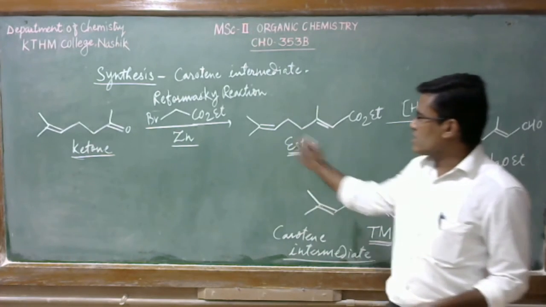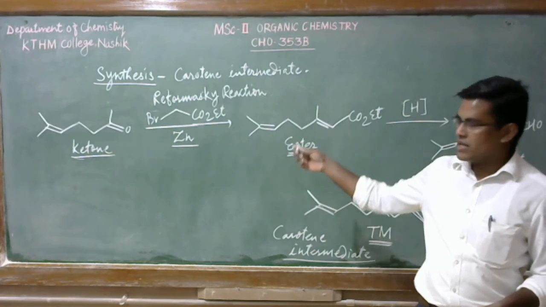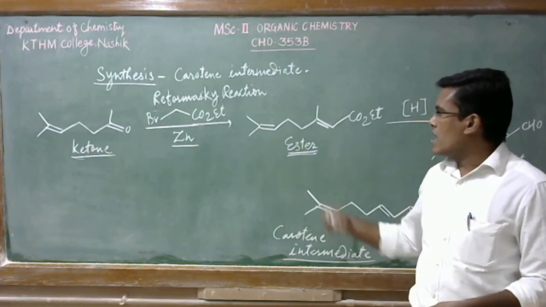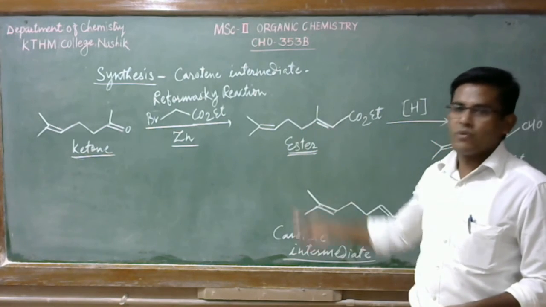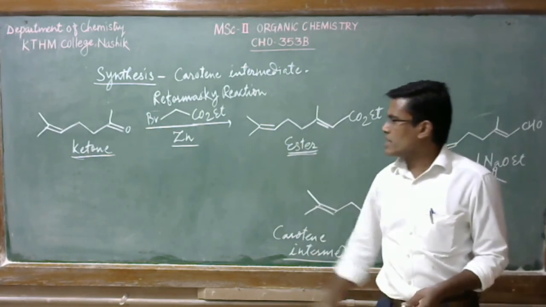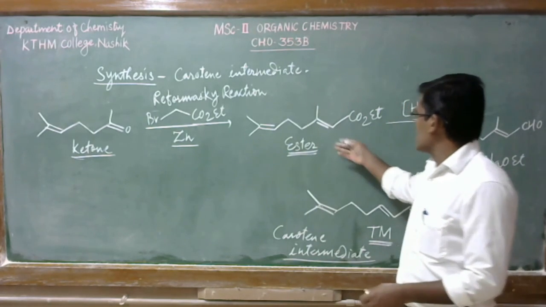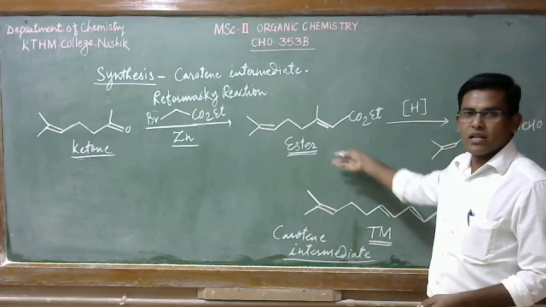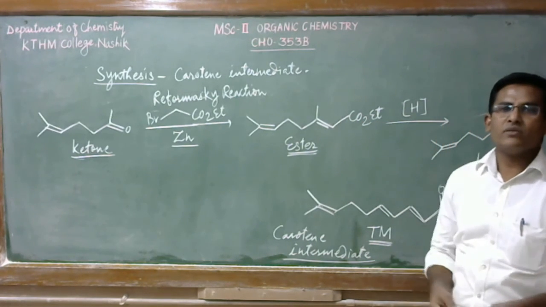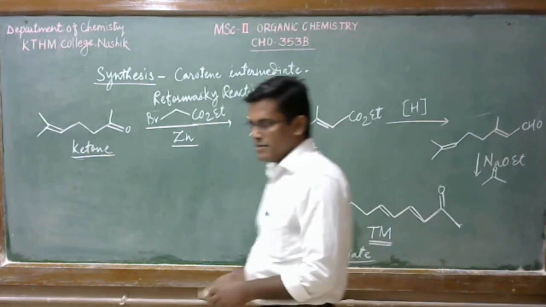So instead of using the acetaldehyde, we have used this alpha bromoester in the presence of zinc. It's a Reformatsky reaction. It gives this alpha beta unsaturated carbonyl compound. This is the ester, and this ester can be reduced to the required aldehyde.